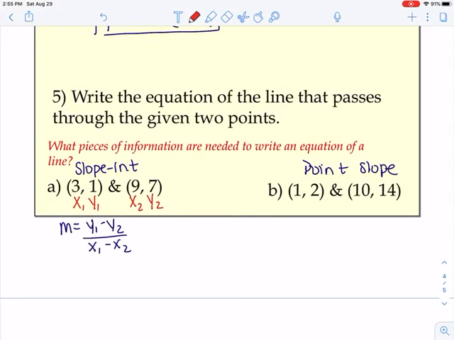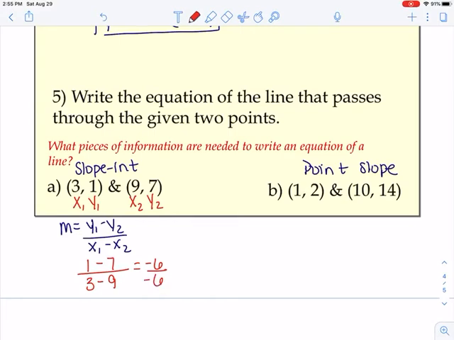So we plug into that slope formula. Y1 is 1. We have a minus sign from the formula. Y2 is 7. And on the bottom, x1 is 3. We have a minus sign from the formula. And x2 is 9. So I'm going to have on the top 1 minus 7 is going to be a negative 6. And on the bottom, 3 minus 9 is also a negative 6.